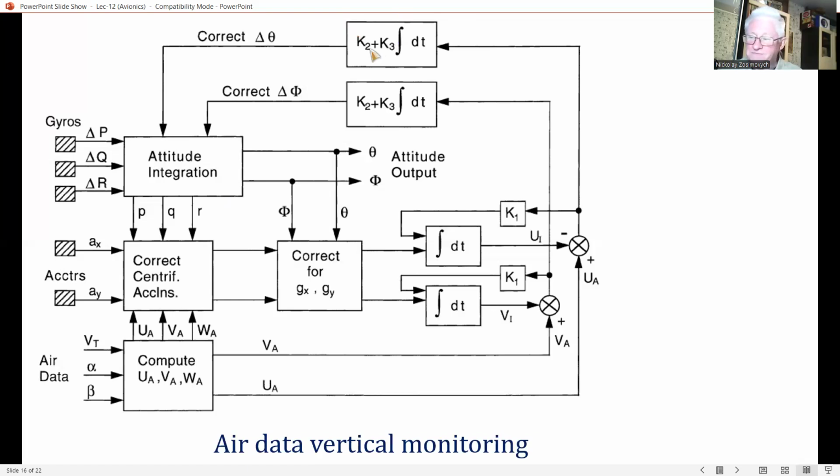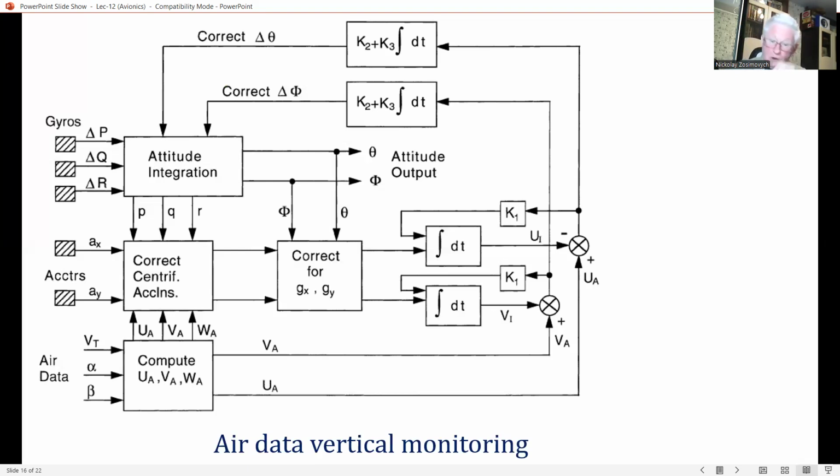This is used in a feedback to the attitude computer to eliminate steady state tilt error due to the gyro bias. The values of feedback gain, which we can express as K1, K2, and K3, are selected to ensure good damping of the closed loop and good overall accuracy.